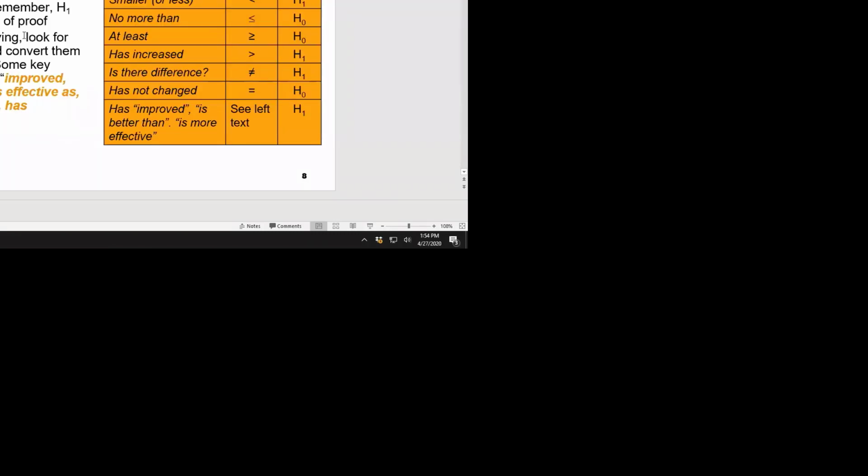All right. Now, I said earlier why it is important for us to keep an eye on this when we are converting problems into hypotheses. This slide here is important to know.